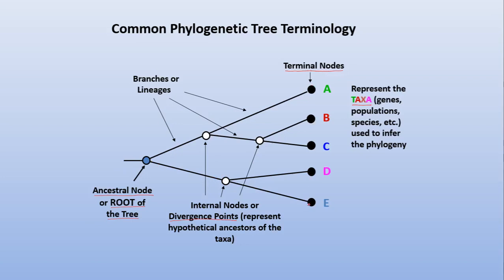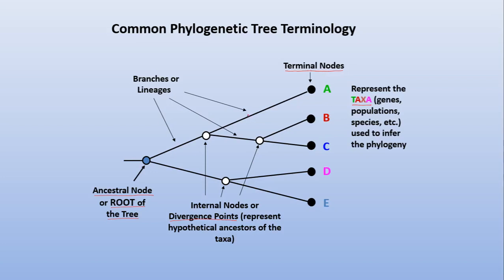Your phylogenetic tree can contain a root or ancestral node that represents the common ancestry. Then it can have internal nodes or divergence points that represent the hypothetical ancestors of the terminal nodes. And eventually we have the terminal nodes that you can observe right now, and these are represented as taxa.